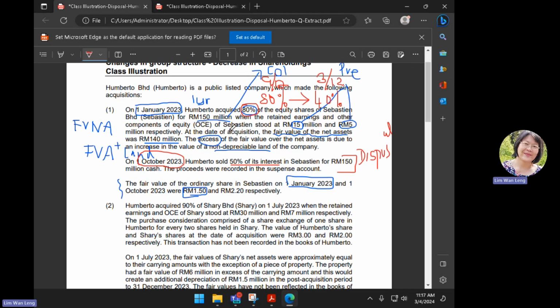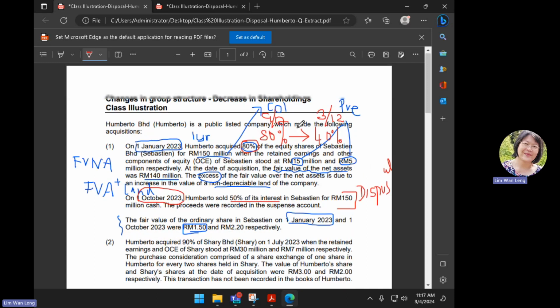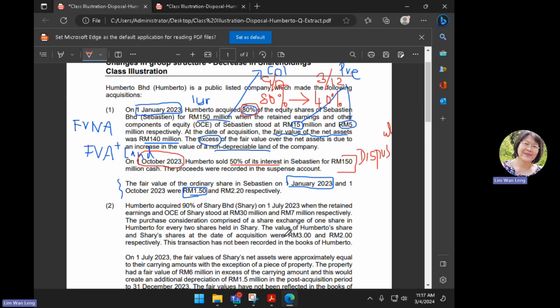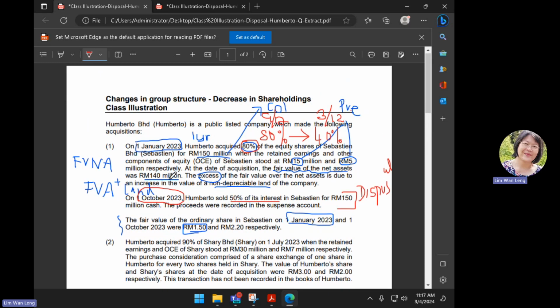See, remember just now we say, because all the pre-acquisition figures are given to you, all the pre figures 15, 5, and your OSC is always pre. You add and subtract, it doesn't come to 140. So which means the balancing figure will be your fair value adjustment upwards with respect to the item of land.